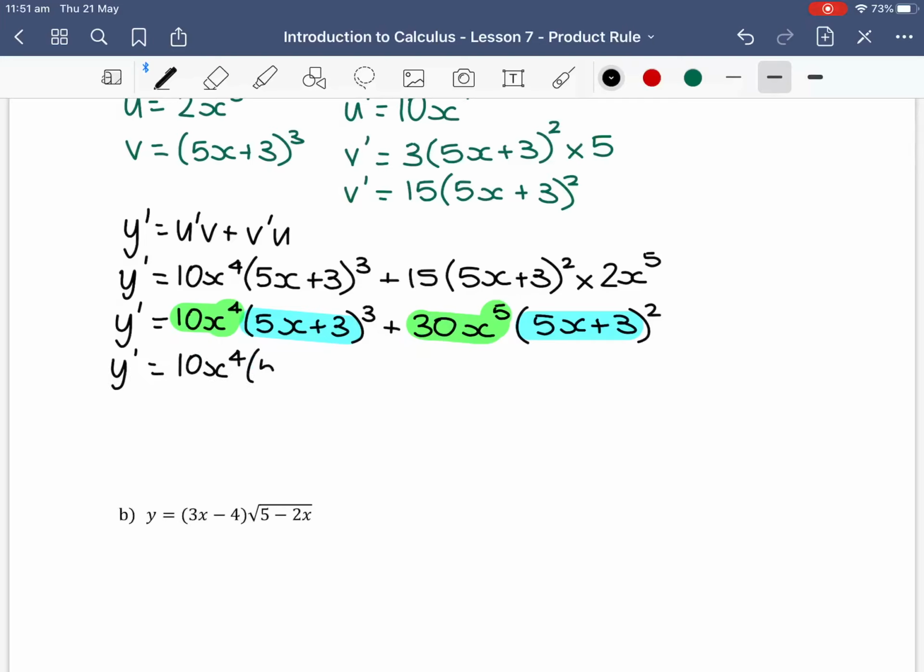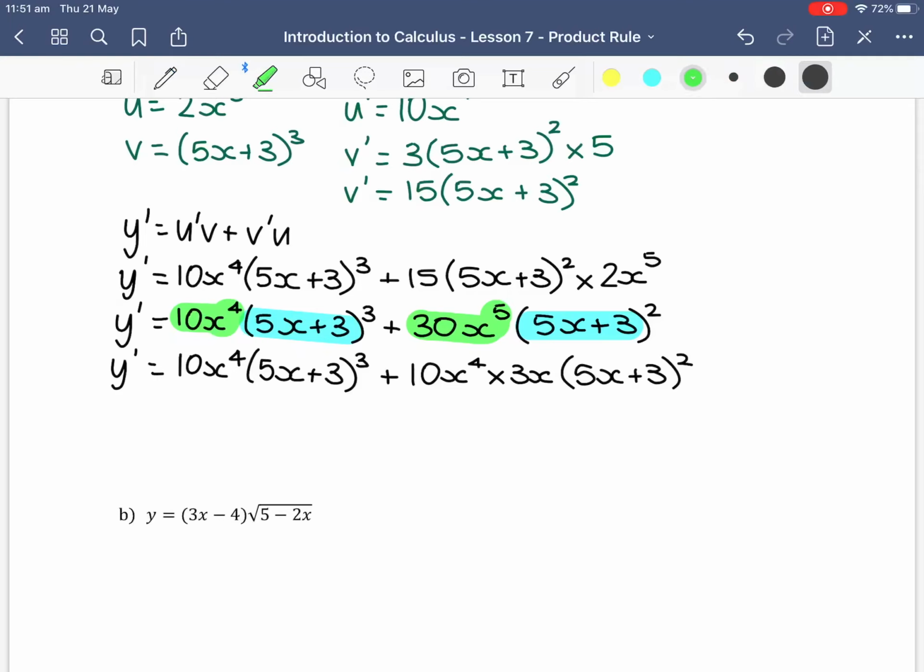So we have y dash equals 10x to the power of 4, bracket 5x plus 3 cubed, plus 10x to the power of 4 times 3x, bracket 5x plus 3 all squared.